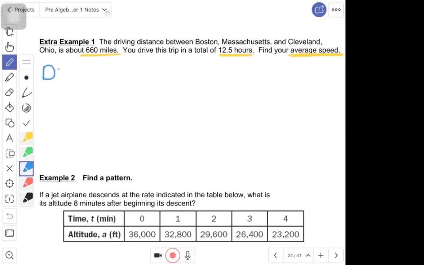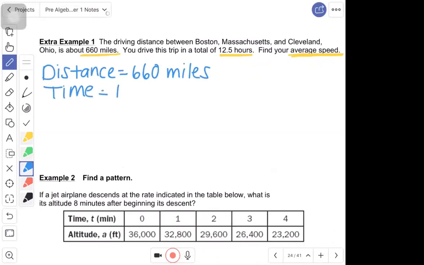So we have our distance equaling 660 miles. Our time to be 12.5 hours. And they want us to find our average speed, our rate.